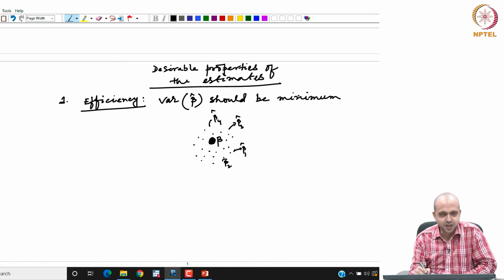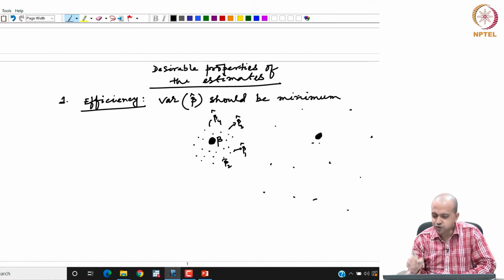Then only we can say that these estimates of the true population parameters beta 1, beta 2, beta 3 are actually reliable. But suppose your point is here and you are targeting here, that means you have a huge variance, and I cannot rely. Today you are hitting here from this sample, and next if I collect another sample, that beta hat is here.